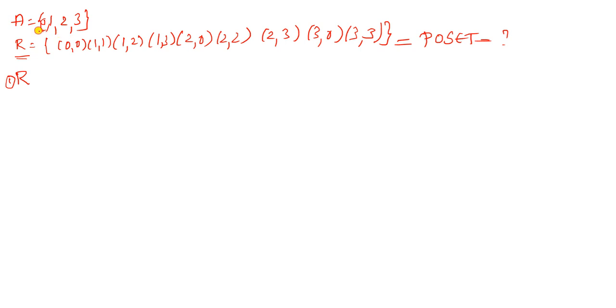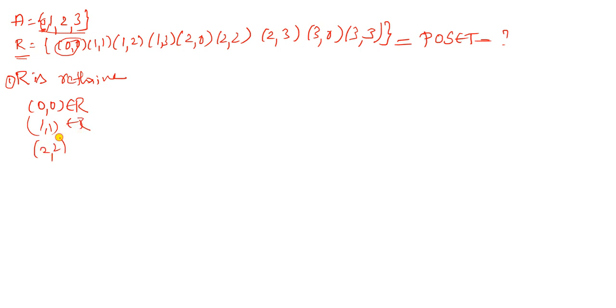So how many elements are there? 0 1 2 3. First check whether R is reflexive or not. How to check? 0 comma 0. The first element is 0. 0 comma 0 belongs to that particular relation. 0 comma 0 is there, and 1 comma 1 also belongs to R, right?